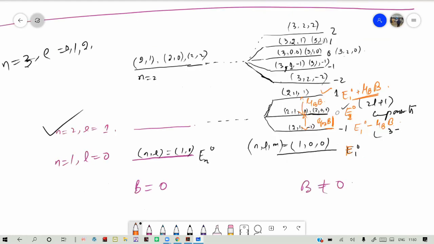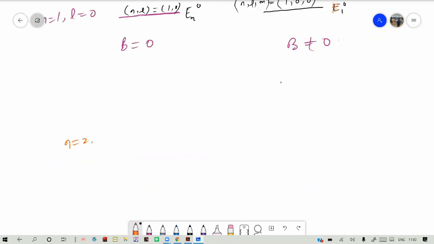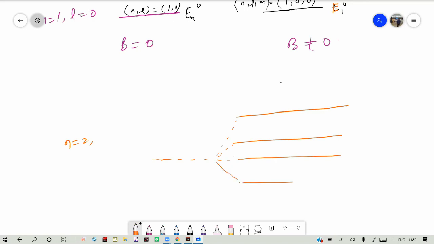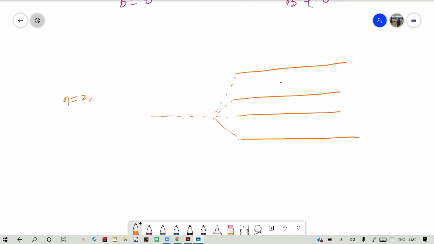Now we will draw that for n equal to 2. These are equally spaced. I might not be correct in drawing, but remember that they are equally spaced for the normal Zeeman effect. This is E30, because n is 3.